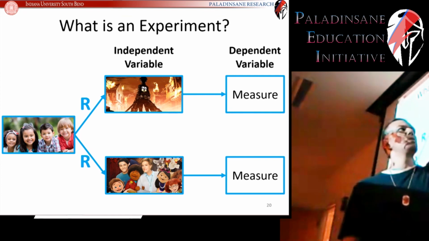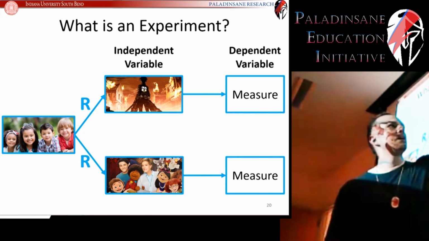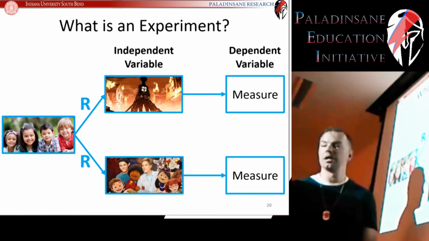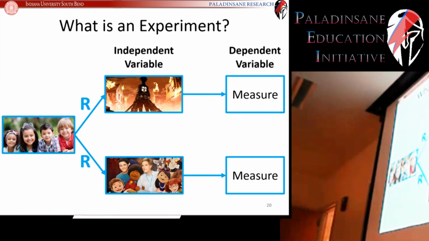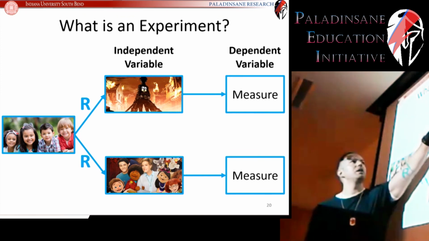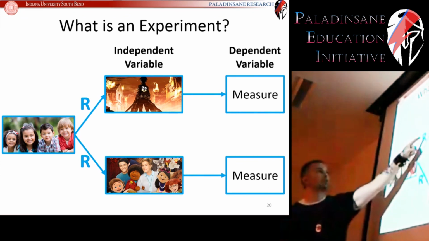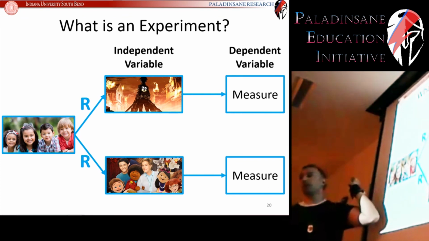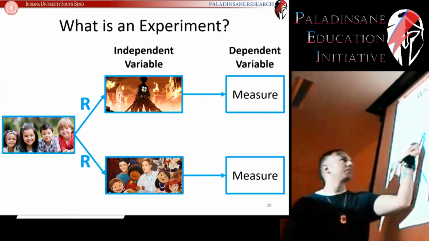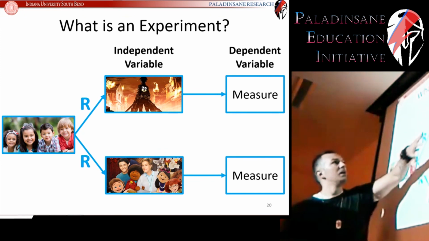And then what we do is we measure them on their violent behavior, and we see if there's any difference between those two. And if there is a difference here in the dependent variable, it could only come from this difference here. Because through randomization, the groups are equal. We didn't care about the baggage that they brought to the table, and through randomization, we made sure that baggage was equally dispersed.